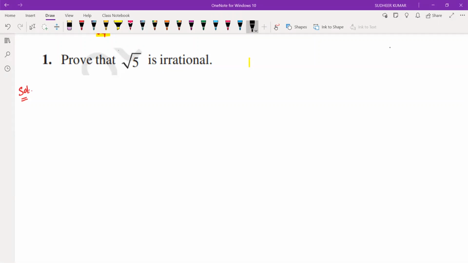So see this one. First, let us assume that, here we'll use the contradiction method, indirect method, root 5 is a rational number. When we assume that root 5 is a rational number, if our assumption is wrong, then we should accept that root 5 is an irrational number.